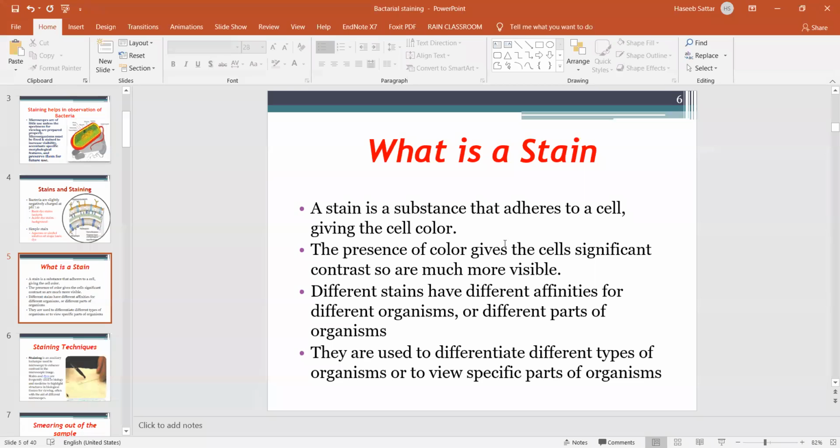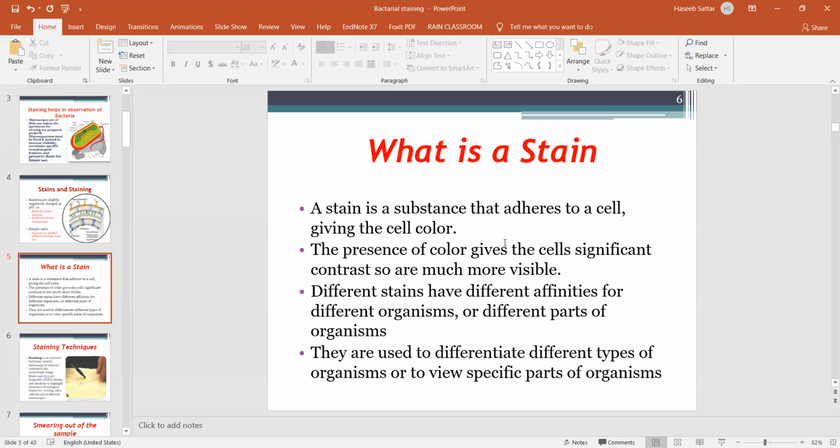This simple staining will lead to coloring of all the cells, so it will color all the cells present on the slide.